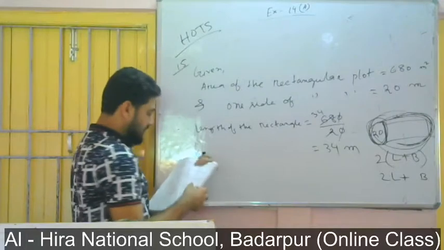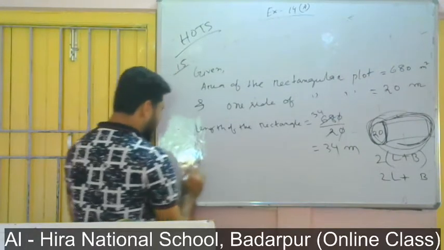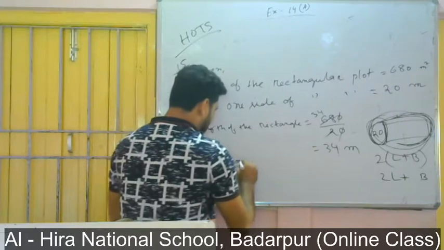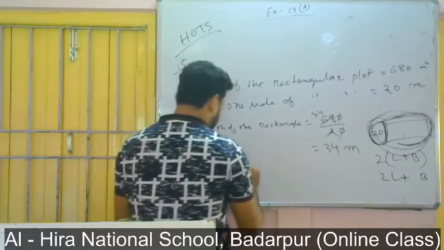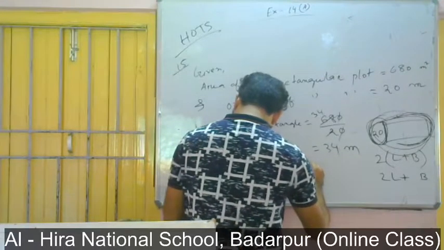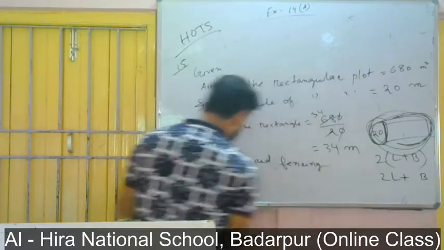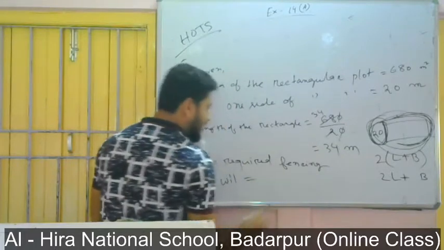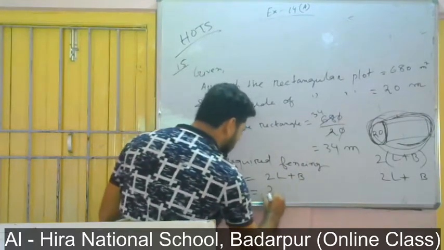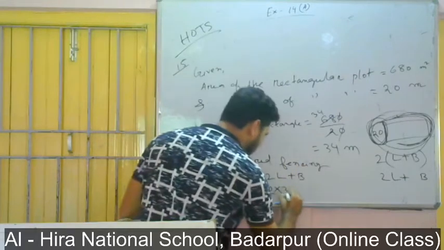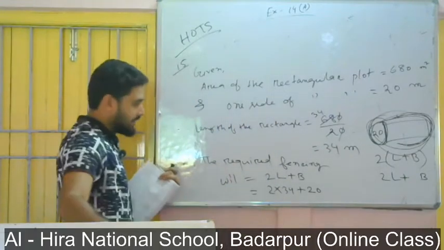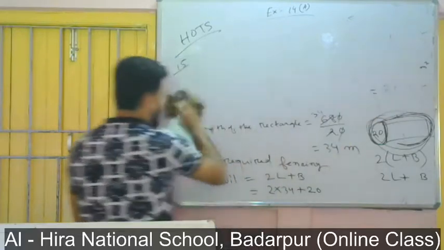So write, therefore, how many meters of fencing is required. Therefore the required fencing will be 2L plus B, that means 2 into L, what you got, 34, plus B, 20.